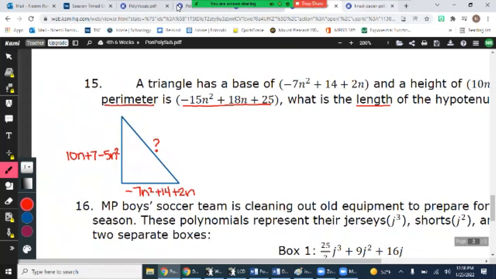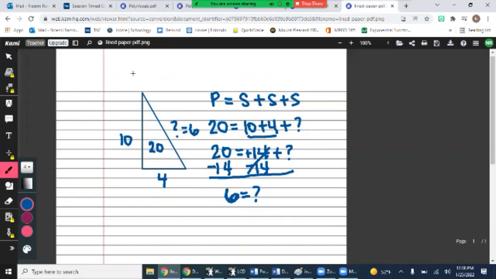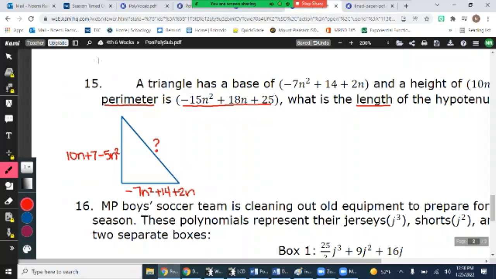So we're gonna set it up just like we set this one up right here. I start with the perimeter, so I have negative 15n squared plus 18n plus 25. All right, now one of my sides is negative 7n squared plus 14 plus 2n. What is the other side?